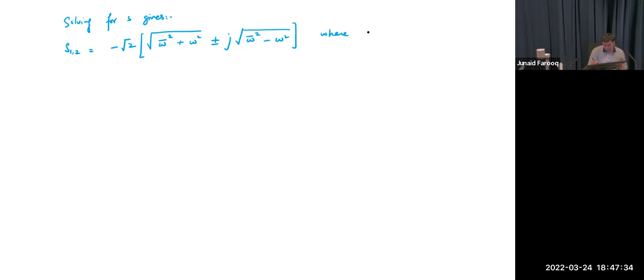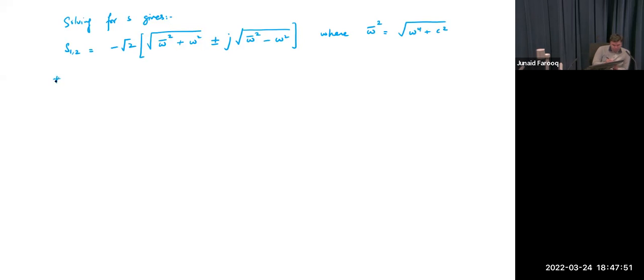Okay, and omega bar is actually defined as omega 4 plus c squared. So these are the poles, which are again conjugate pairs.